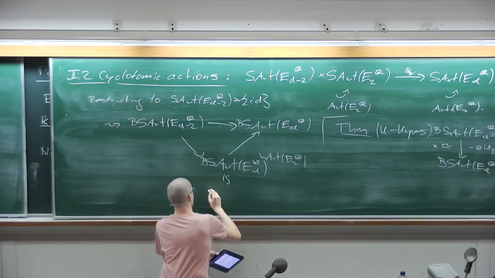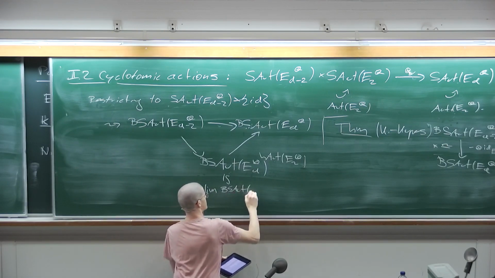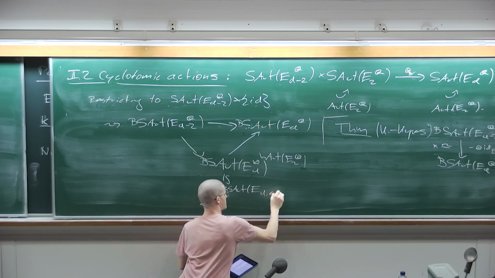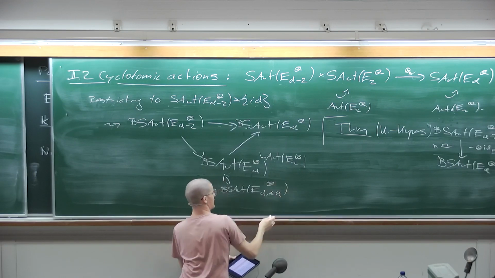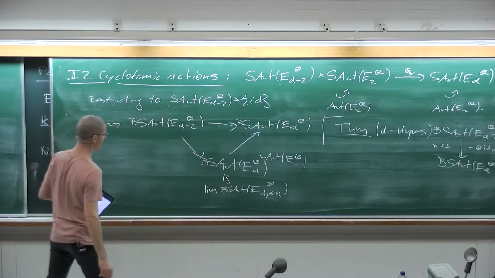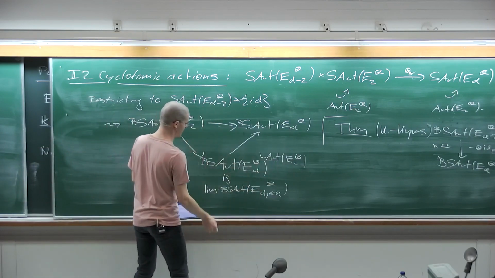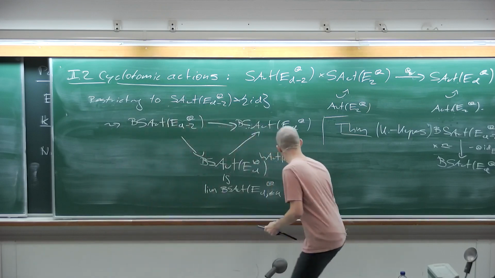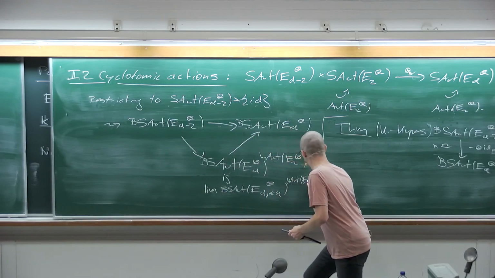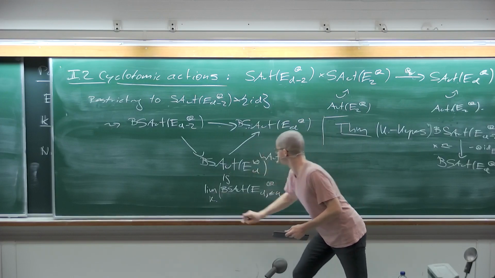So the space of automorphisms is the limit of the space of automorphisms where I truncate the operad, so I only remember operations of arity less or equal than k. And then I take homotopy fixed points, but this is a limit and this is a limit, so we can equally just study the action of this group on the truncated versions. And this is what we're going to do.